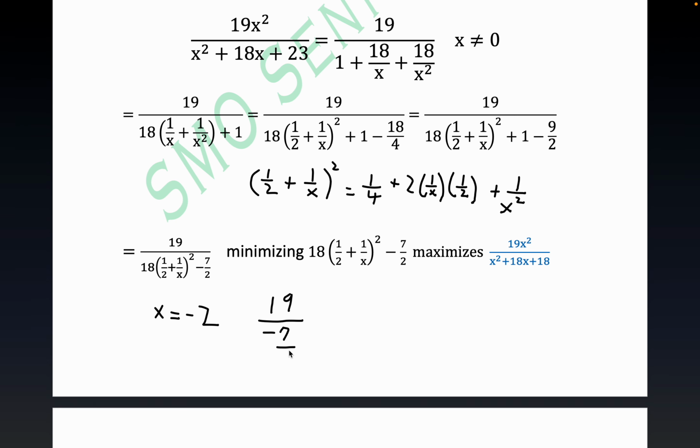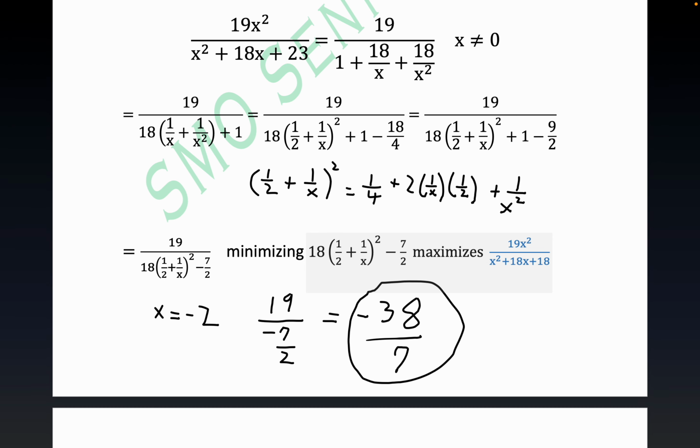Now back to grade school, dividing by a fraction is the same as inverting and multiplying. So that's equal to minus 38/7. Okay, and that's going to be our solution. Again, based on this argument right here, this is going to be our maximum value, and it occurs at x equals -2.